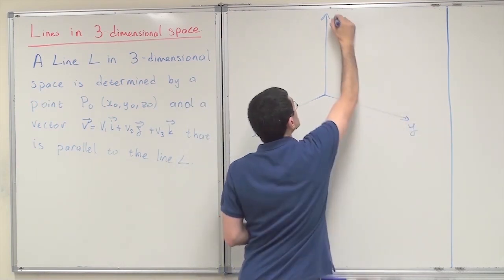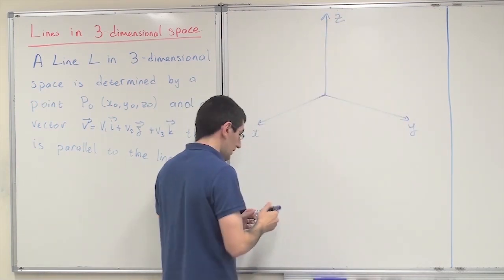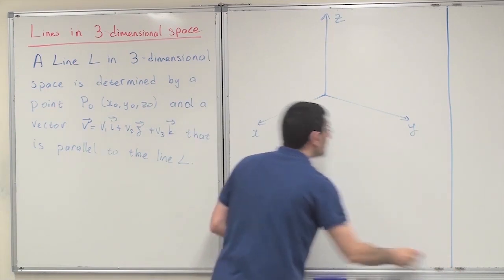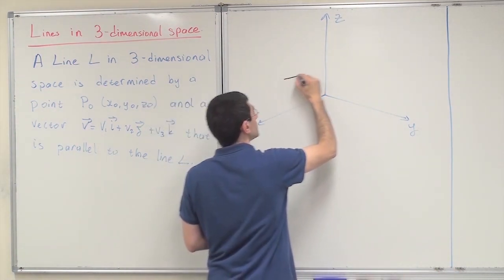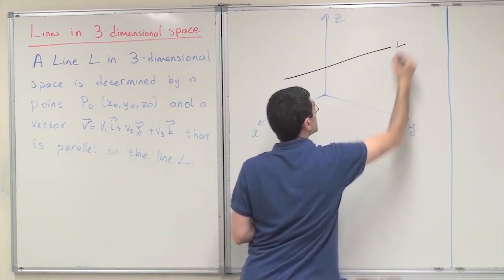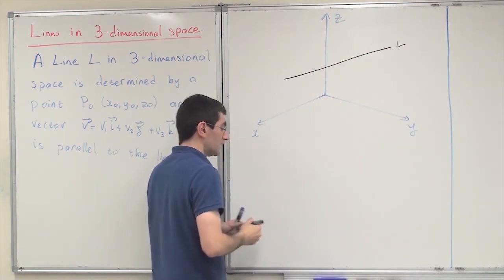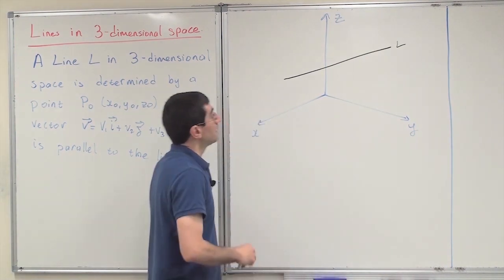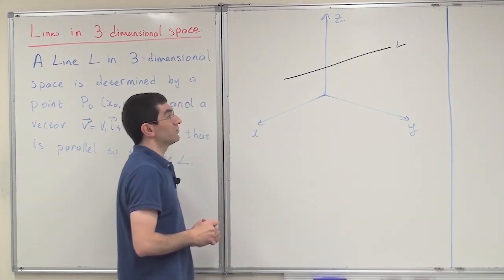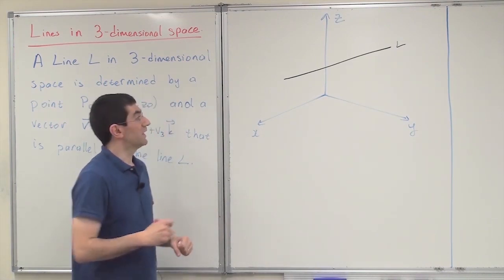I name my axes. Okay. Then I draw a random line. So let's say our line L is this.